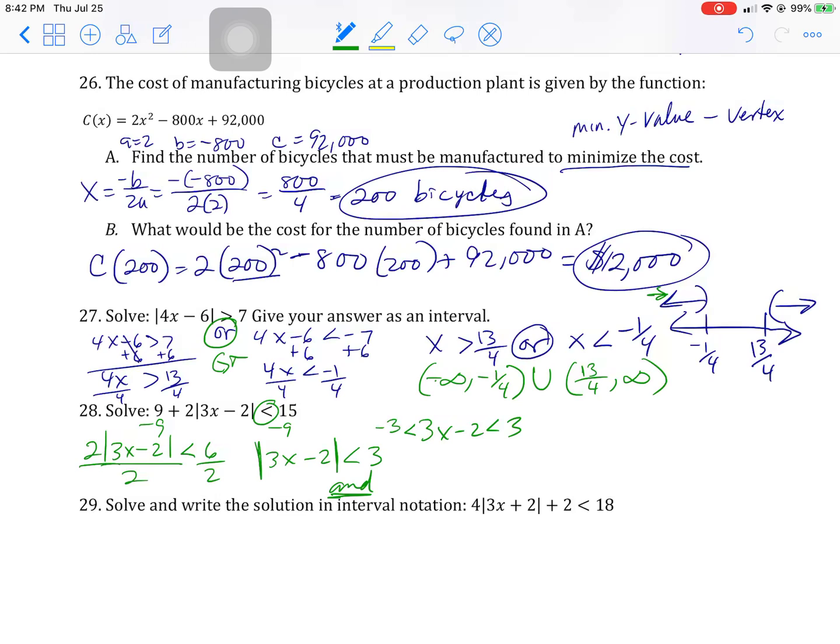All right, because this was an or, we wrote it here with the greater than as it was and a less than with a negative on that side. Because this is an and, we want to put it in the middle of two symbols, just like the other ands we worked earlier, okay? And then we're going to solve for the x in the middle, putting the negative on the downside, okay? Plus 2.